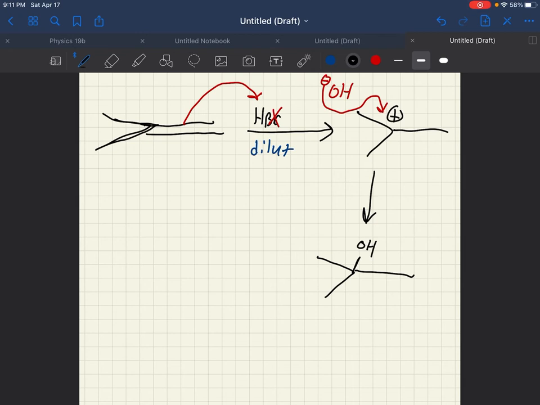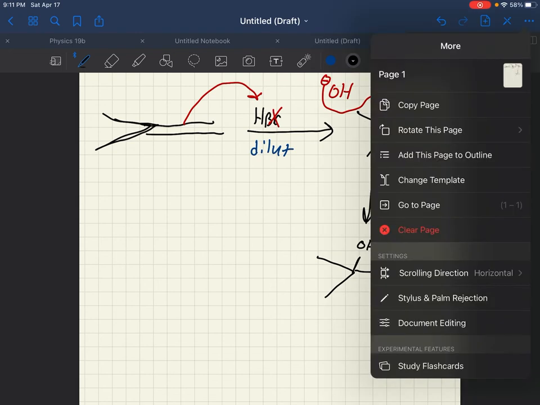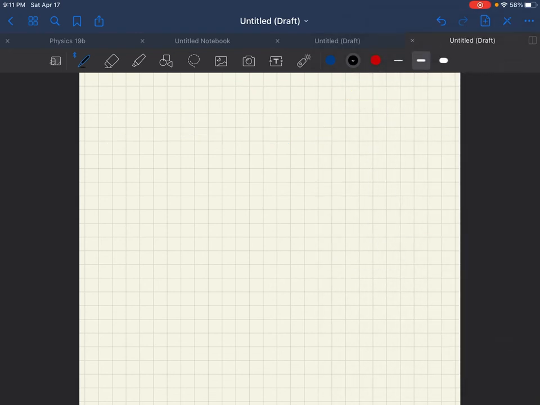And this is due to more H2O being present to attack over HBr. However, when it's concentrated, the HBr will be the nucleophile. So I'm going to show you an example of that now. If you have concentrated HBr and not dilute HBr, it's going to be the HBr again. Or if it's just regular HBr, it is just HBr.